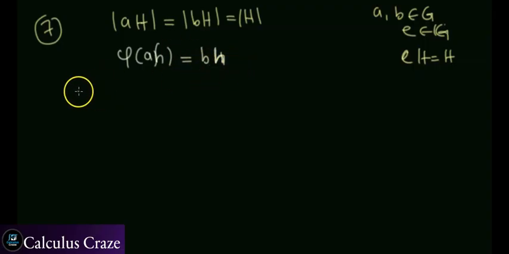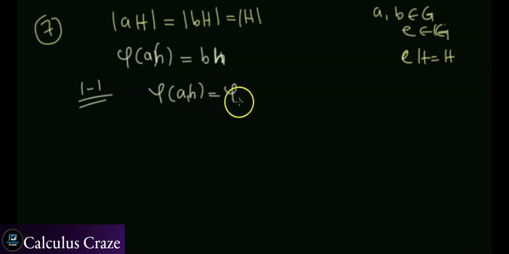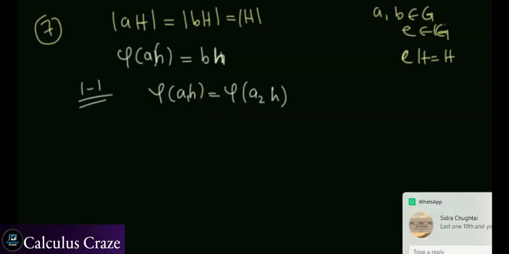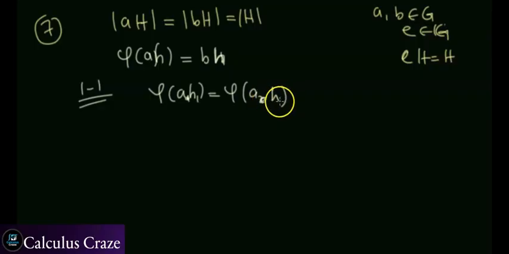Why is this 1-1? If I take phi of a h1 equal to phi of a h2, then this implies b h1 equals b h2, right?